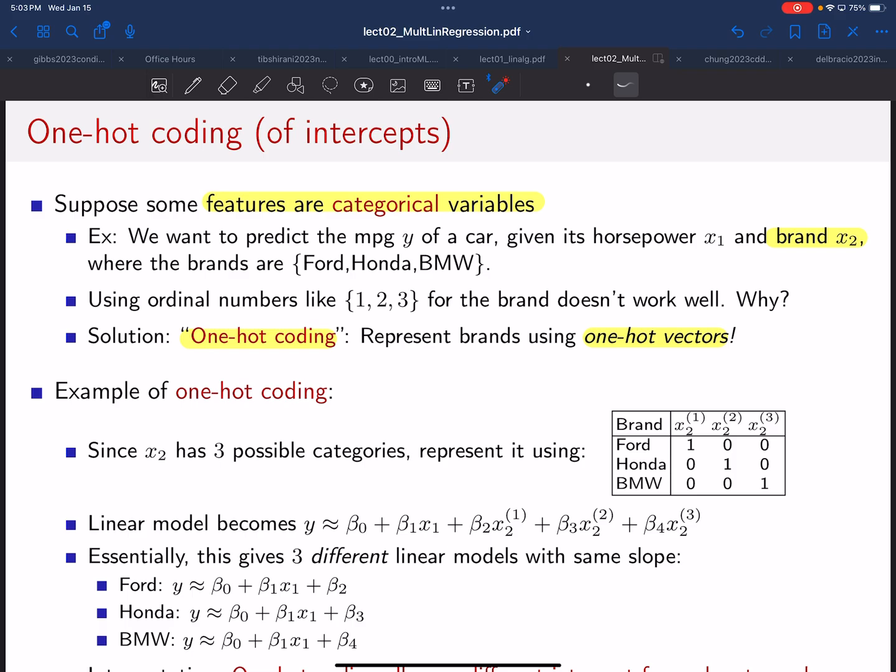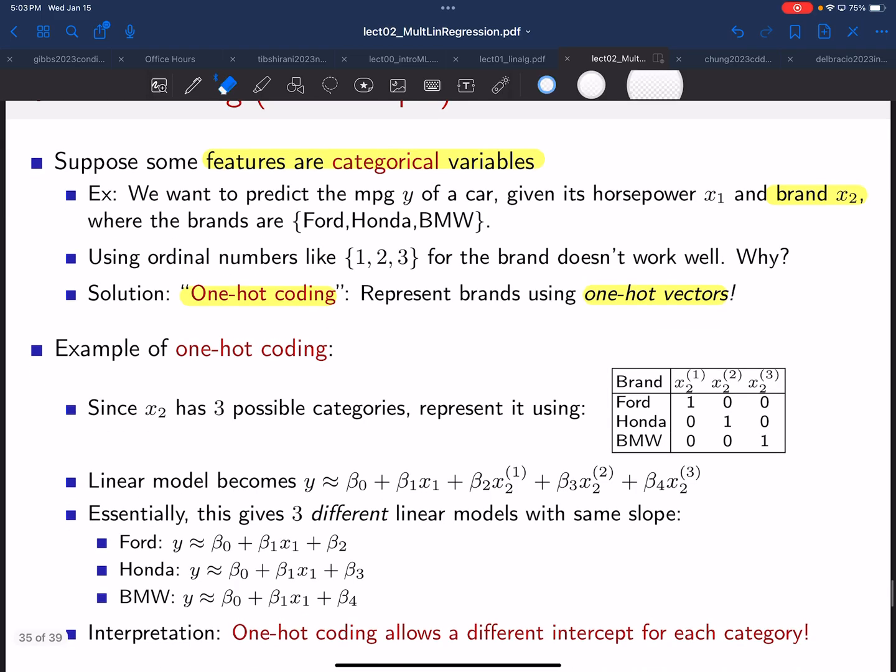Now let me explain what happens when we do this. It's pretty intuitive. This is going to be our new linear model. Here are our new 3 features, and notice that we're going to allow a different slope coefficient for each of them. Imagine now that I look at all the samples that are the Ford samples.